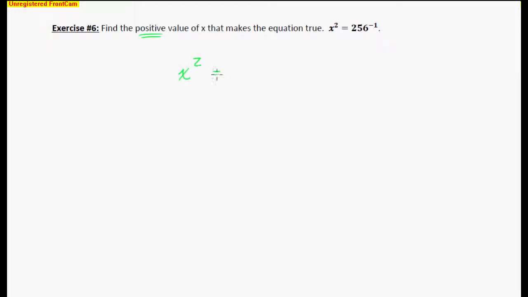We have x squared equals 256 raised to the negative first. Now, what is that? Remember, all the way back in the fall, we said if you have a negative exponent, you can get rid of that negative exponent by taking the reciprocal of that number.